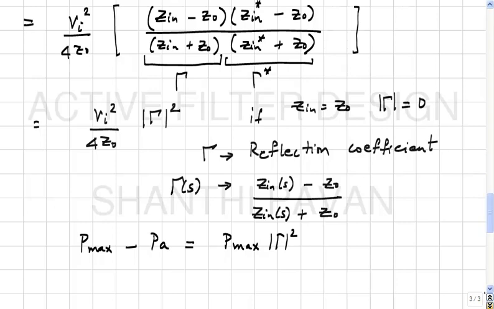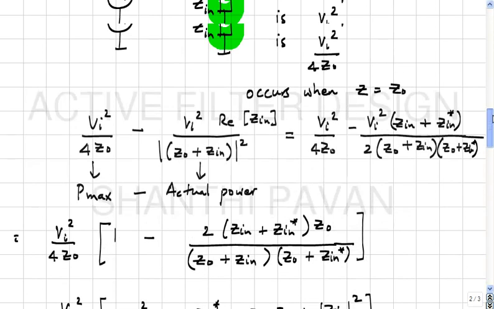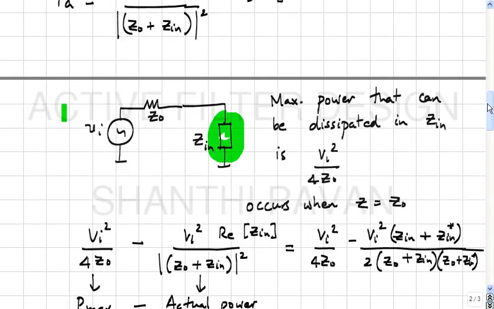Therefore, we can look at the power dissipated in Zn as P max times 1 minus mod gamma square. You understand? This is a series connection of two impedances, so there is nothing here that you have not seen before.